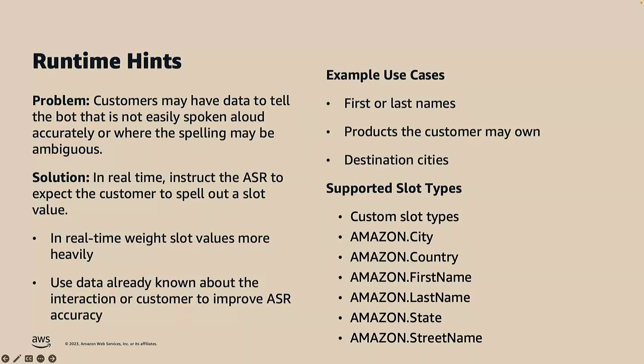So maybe you've already had the customer in the IVR for a minute or 2, and you've collected some data, and based on the conversation they're either going to choose value A or value B. You can add those as runtime hints, or it's data you already know about your customer in your internal system. So things like your delivery addresses, or your mother's maiden name, or things of that nature.